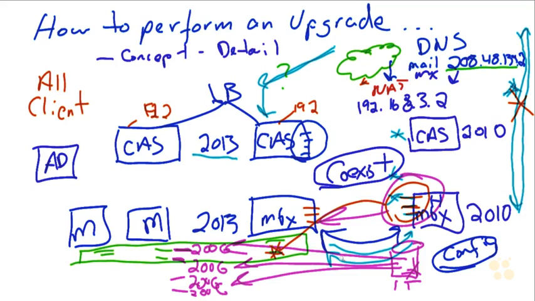This is where I want to point something out. Notice how I started out by saying that my preference, before I started moving anything, was to get the new mail flow environment set up and switched over. Some people like to do that at the end. That means there's a lot of possibility for a lot of problems all of a sudden. I don't like that. That's why I like to do this up front, before I start migrating stuff.